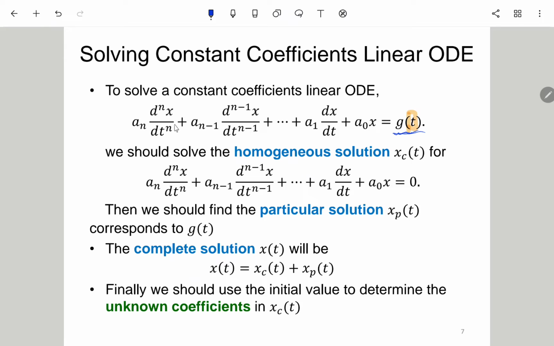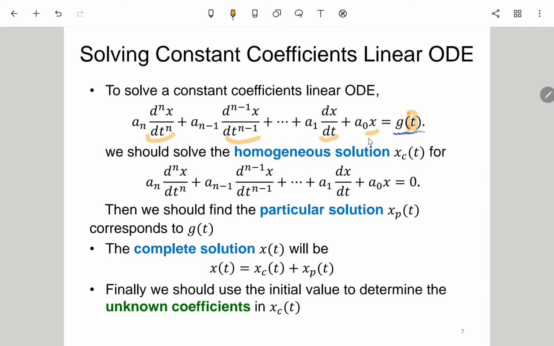On the left side we have a linear ODE, so we can only have the nth derivative, the n minus 1 derivative, all the way down to the first derivative and the original function of x. Here x is the unknown function that we would like to find.